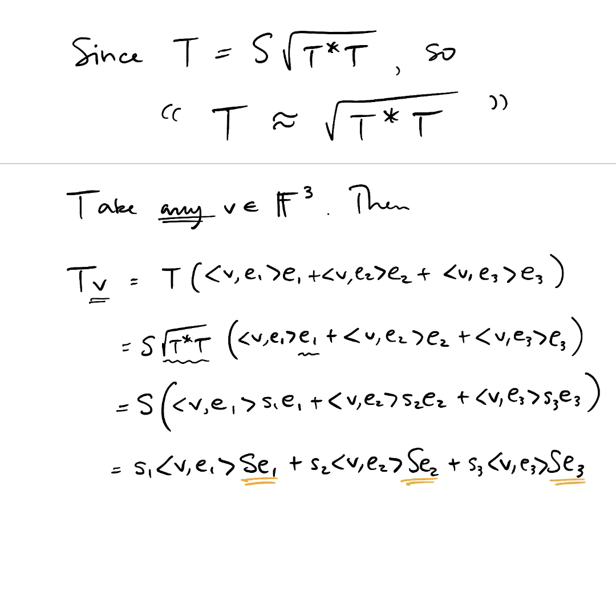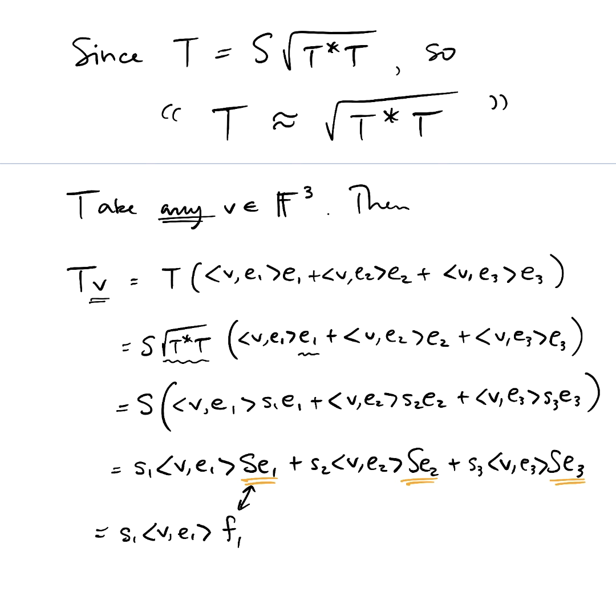Now, S is an isometry. So since E1, E2, E3 is an orthonormal basis, those orange underlined vectors are an orthonormal basis, and we can rename them: singular value S1, V inner product E1, all times vector F1. So F1 is just a symbol that stands for S of E1.